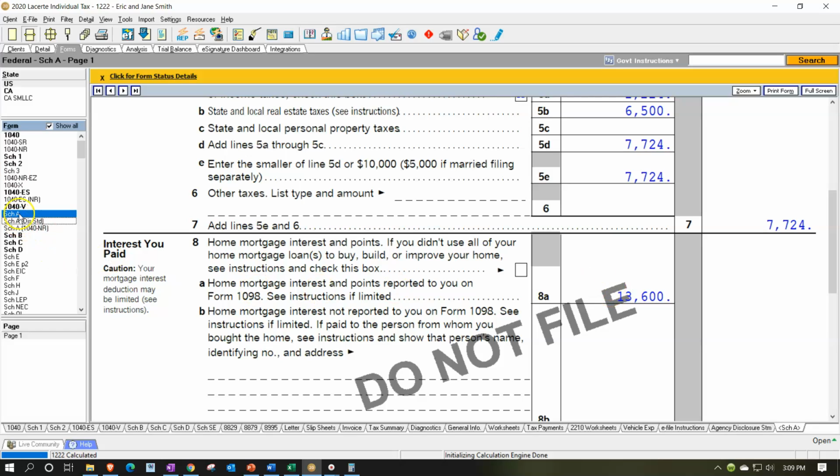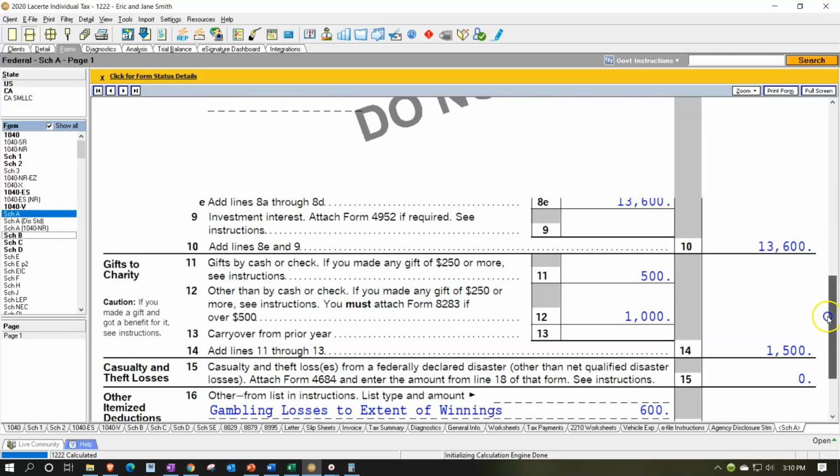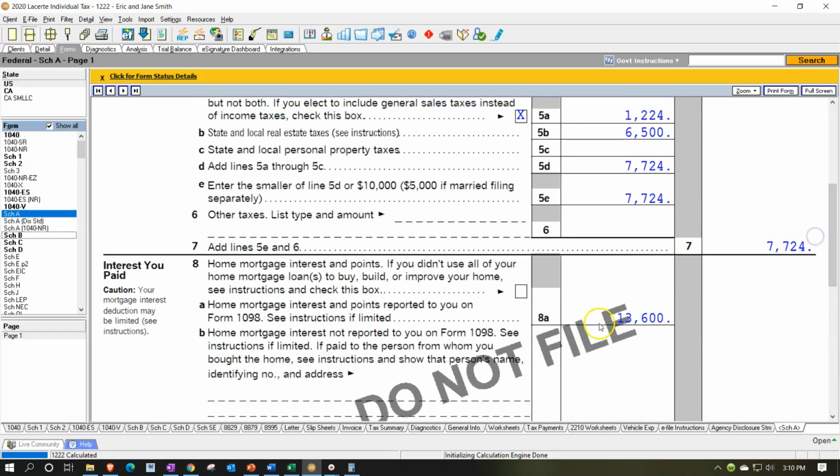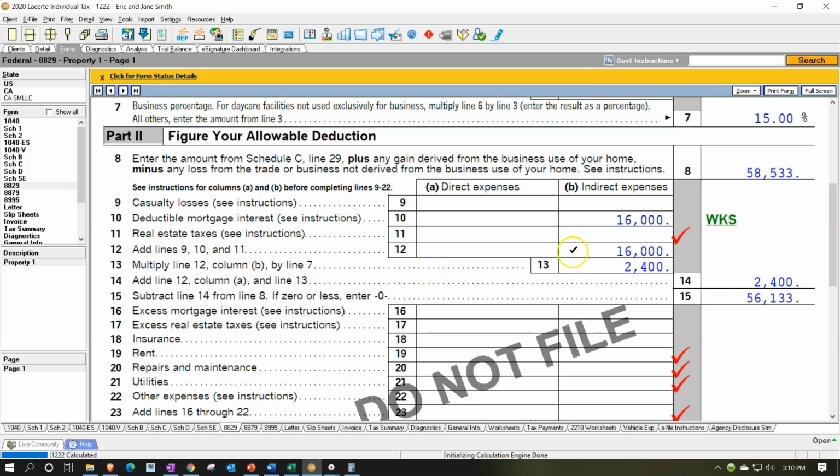Actually, it made the Schedule A not something that took us under the threshold here to be able to deduct it, but it did pull it over here. So now it took it down from the 16 to the 13,600. And then the other side is going to be here on the Form 8829. So there's the 16, we're taking 2,400 of it. So we'll do the same thing.